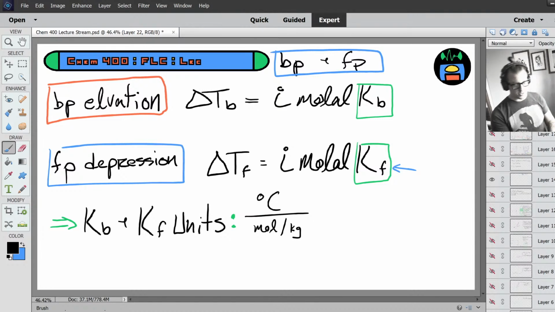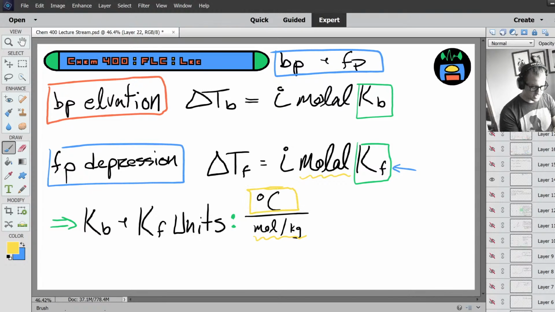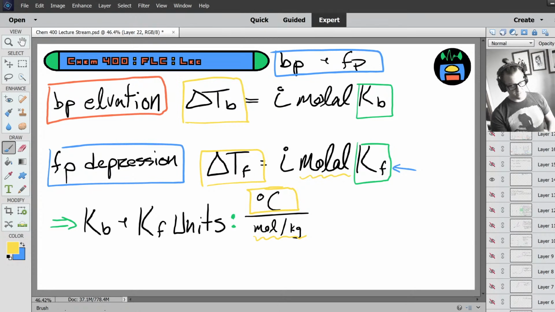You'll notice that it's the units of molality in the denominator because you need to cancel. Right, you got units of molality here to cancel with the units of molality here and leave you with degrees Celsius, which is what we're calculating. After all, we're trying to find the change in boiling point or freezing point.